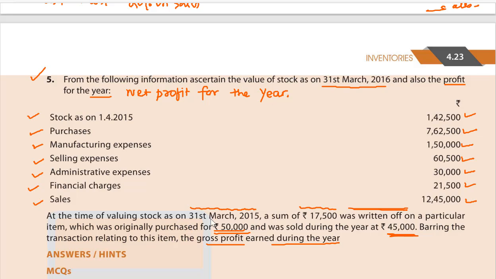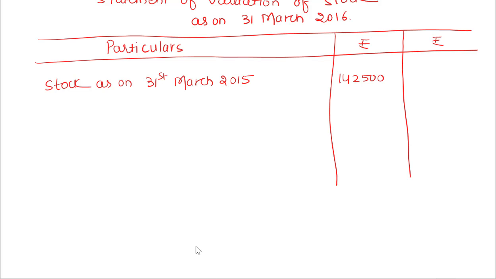At the time of valuation of stock on 31st March 2015, a sum of 17,500 is written off on a particular item which was originally purchased for 50,000. That means the value of this abnormal stock is 32,500, 50,000 minus 17,500, and this needs to be deducted from the value of stock because this is in abnormal nature.